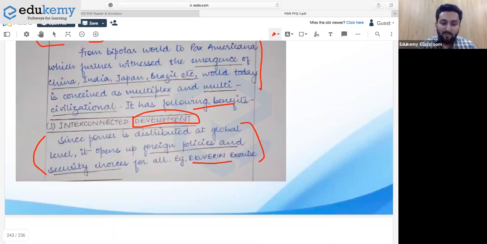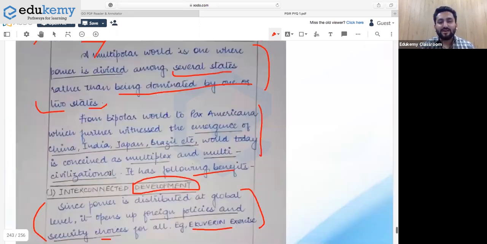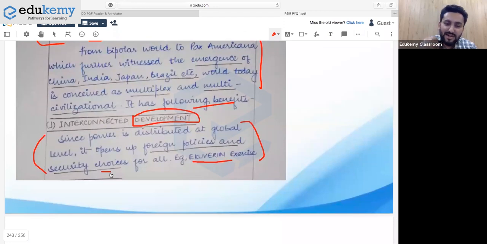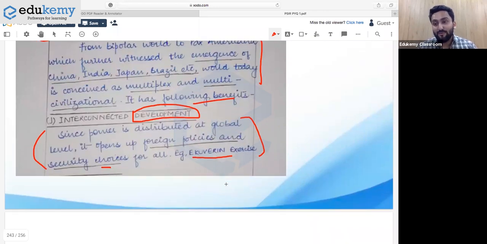So you're using development, but we are talking about security choices and foreign policies. Don't you think it became a bit of a hodgepodge? Even if the presentation is nice, the evaluator will not think that the introduction is good, this is good, and if we put in some diffusion here, the work will be done. It won't work like that.